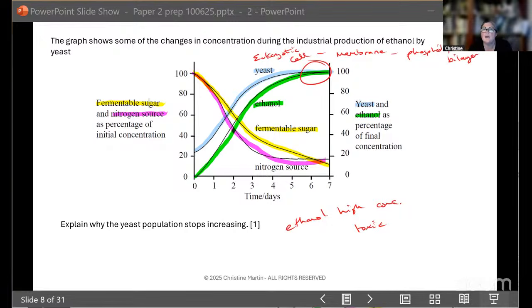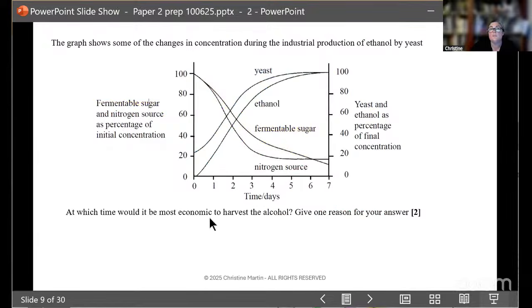So this is where you have to be able to link those topic areas together, but they do love throwing in a graph that looks like that. And then they may actually ask you to use the graph to say at what time it would be most economical, because we actually want ethanol if we're trying to harvest the ethanol. So remember, fermentation is about doing this to get a product which is beneficial for us.